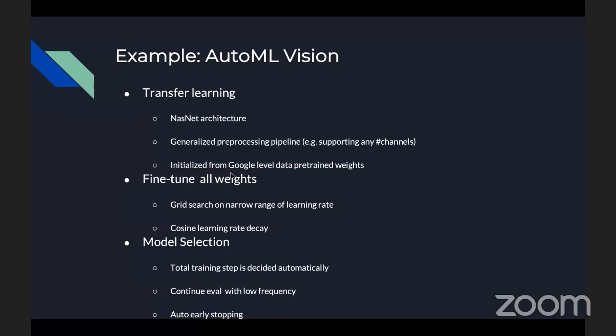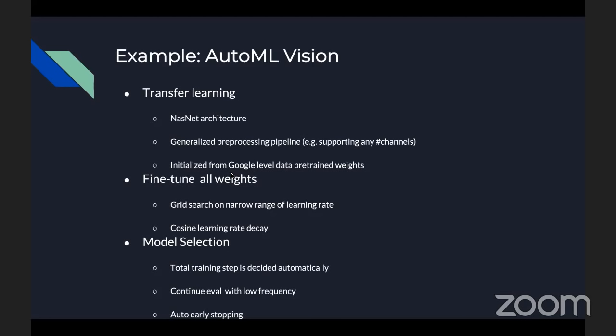We also do model selection based on continuous eval with low frequency to avoid overfitting, and we do auto early stopping to save the budget.